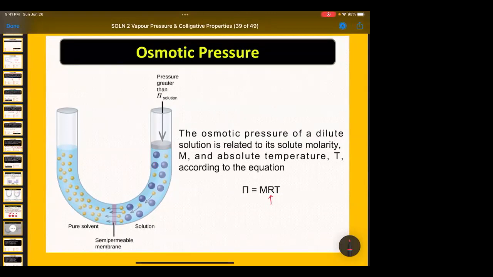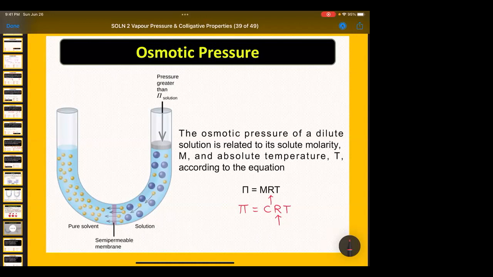Pi is the osmotic pressure, which is written as pi equal to CRT. The temperature should be in Kelvin. C is the concentration in mole per liter, that can be molarity. And what is R? This is the gas constant, but it has so many values. Which value are you going to choose?